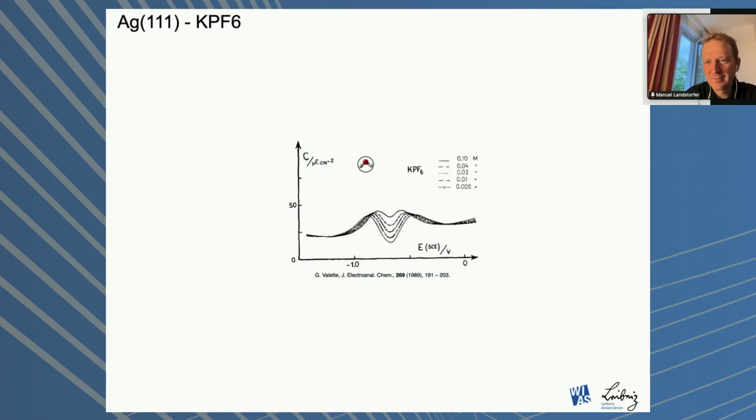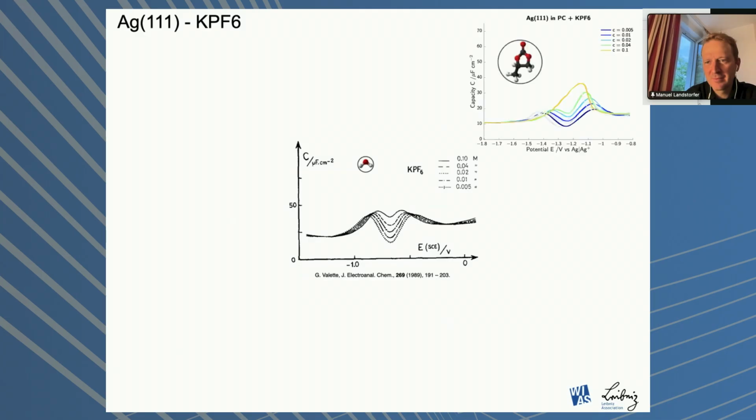Okay, and another branch now towards model validation. As I just said, there's this data set of Valette for KPF6 with water, and this was completed by Helmut and co-workers towards other solvents, which are of course important for batteries and other types of electrochemical systems.